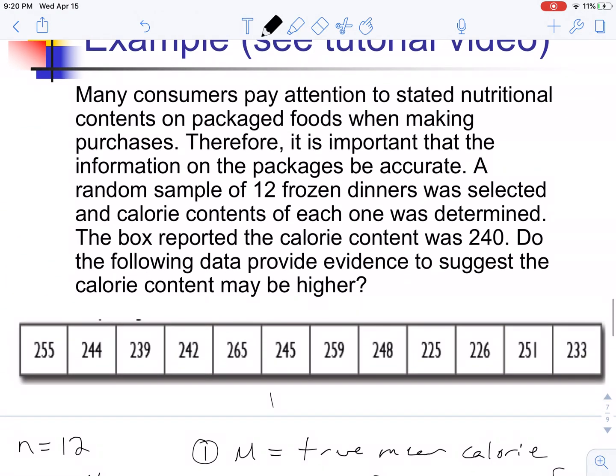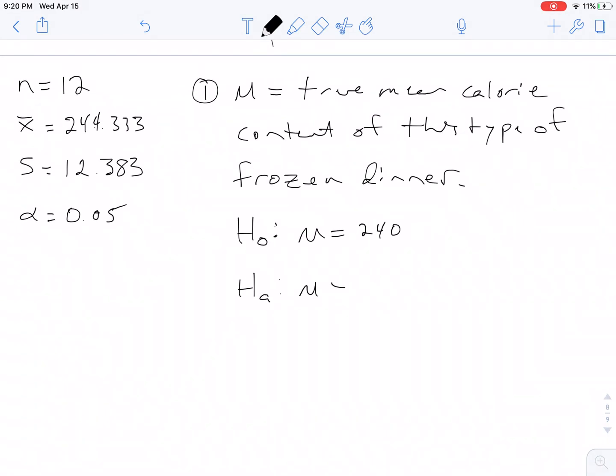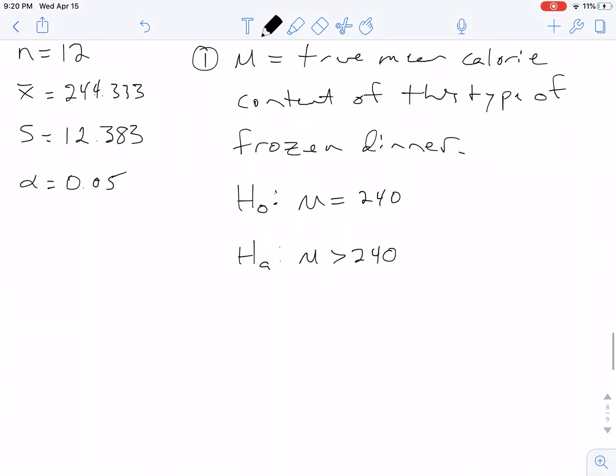So the box states that the calorie content was 240, so that was my null hypothesis, and I'm trying to show whether or not the calorie content is actually higher than what they published. So my alternate hypothesis is that mu is going to be greater than 240. All right, so I'm going to be doing an upper tail test because I have that greater than alternate hypothesis. All right, so that's step 1.